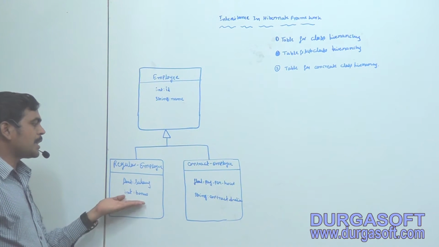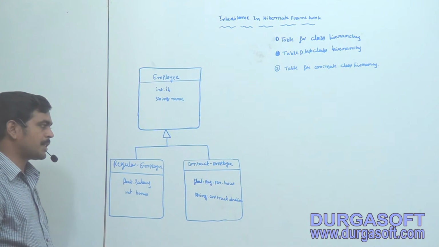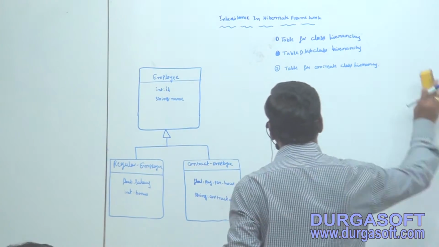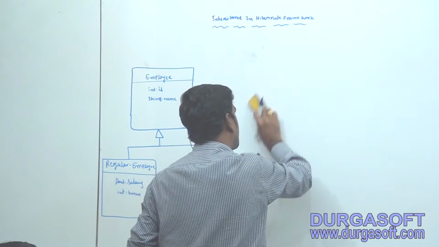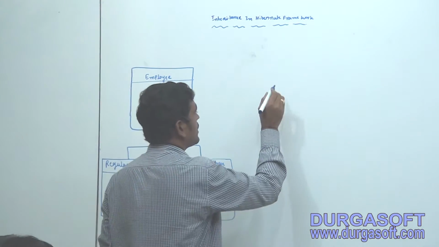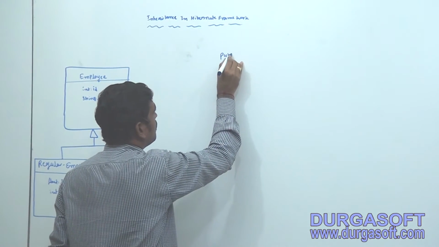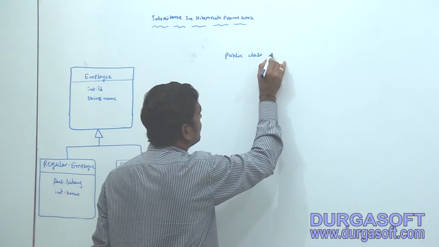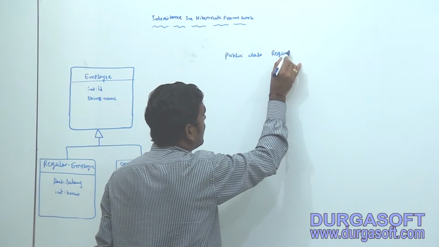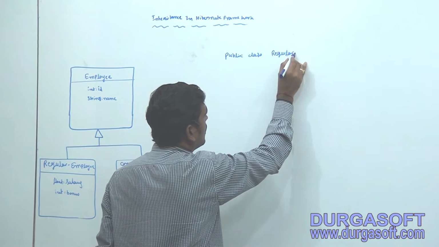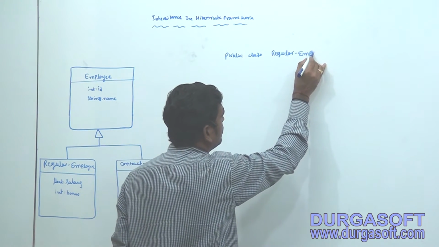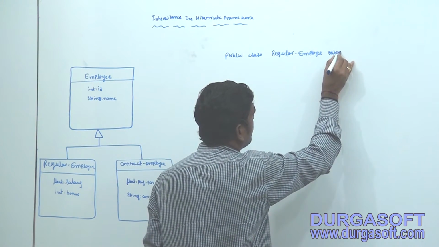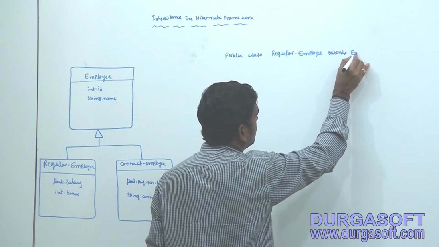While designing these subclasses, this is one subclass, this is another subclass, we need to extend our class to the employee class, like this. public class RegularEmployee extends Employee.